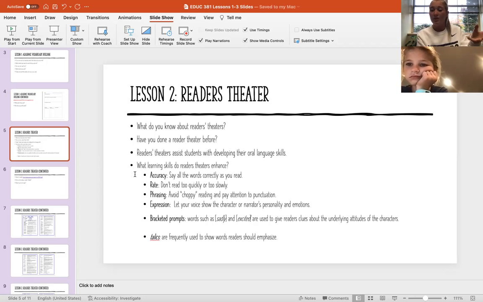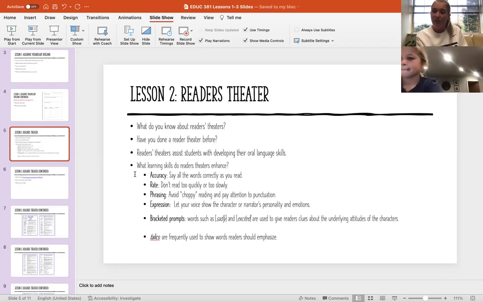Like we said, when you approach an exclamation point at the end of a sentence, what does your voice do? It goes up, or it might go down. Mostly up, yeah, because you're giving more expression, and maybe the character is really happy, so you're going to portray yourself as really happy. That is also called expression, which is another skill that readers theaters enhance, and that lets your voice show the character's and the narrator's personality with those emotions.